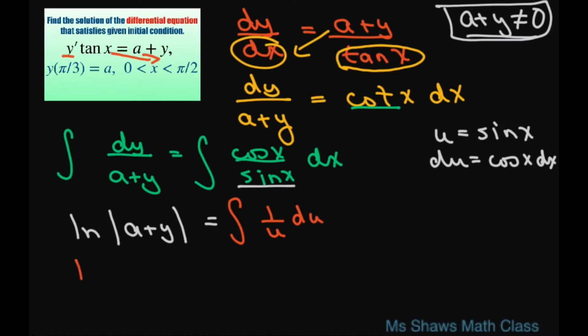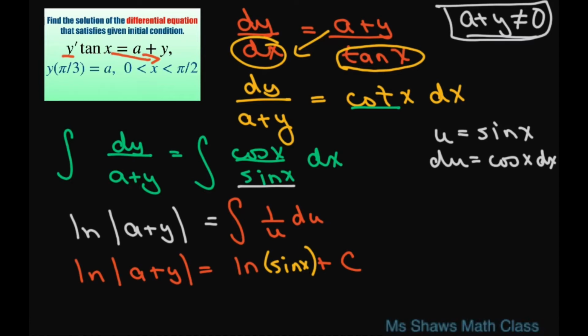So using u substitution, we're going to get the integral of 1 divided by u du. So this is going to equal ln of absolute value of a plus y equals ln of u plus c, and our u is sine of x. So I'm going to go ahead and substitute that in, so sine of x. Now that we have that, we're going to go ahead and solve for our y.